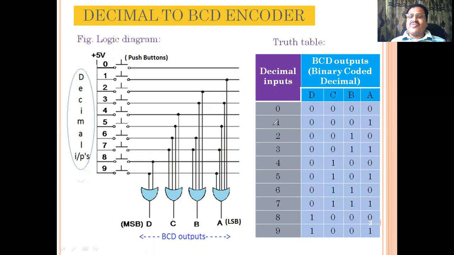So let us start with the first column, the LS bit column A, the output of OR gate A, for which A becomes 1, binary 1. When at this place it is 1, then at this place it is 1, then at this place it is 1, then at this place it is 1.